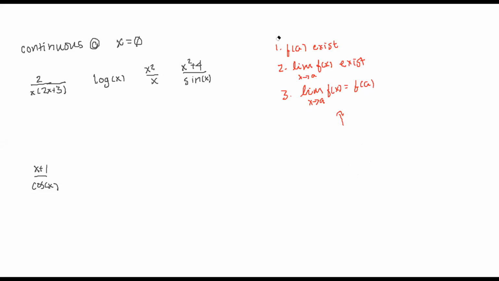What do asymptotes look like? Well, if we have a vertical asymptote, it might look something like this.